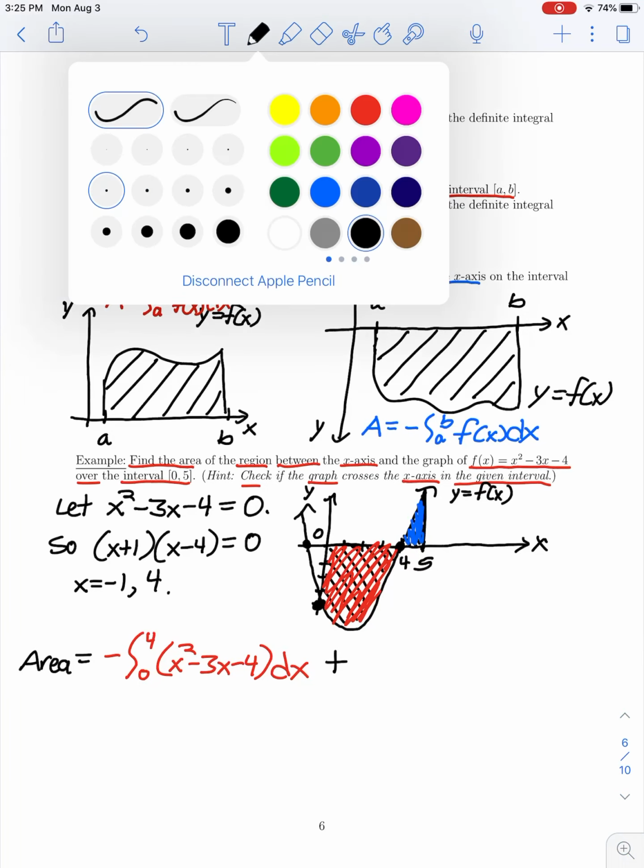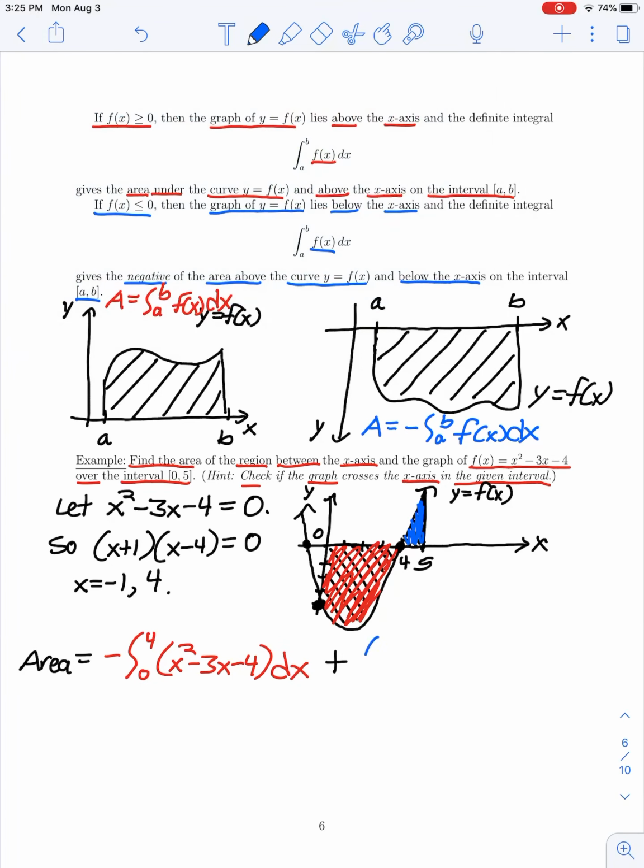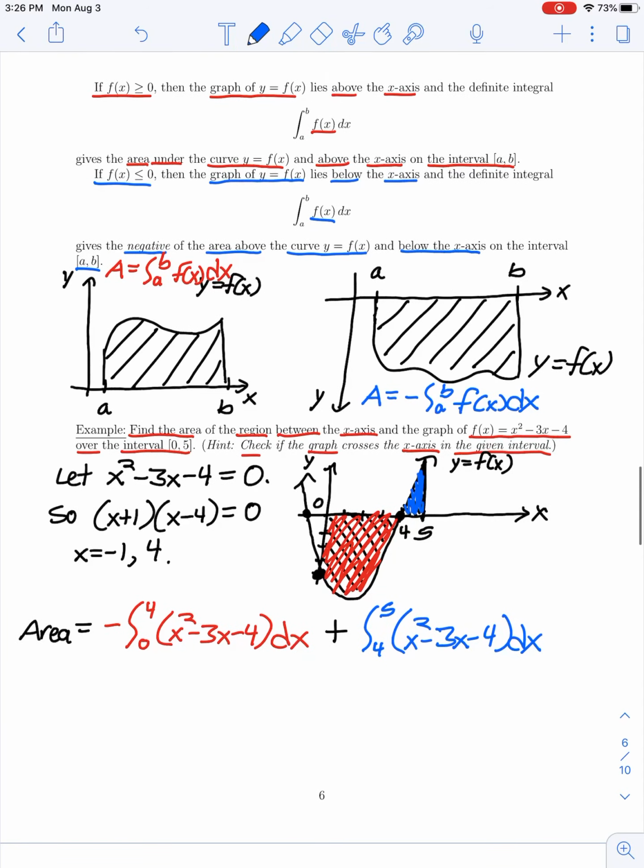which would be given by the definite integral from 4 to 5 of our function x squared minus 3x minus 4 with respect to x. So again, that first piece we take the negative of since our function lies below the x-axis. So let's evaluate this.